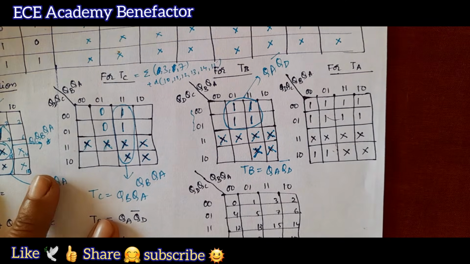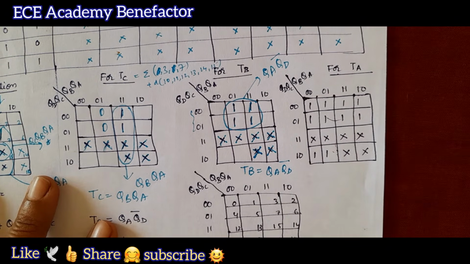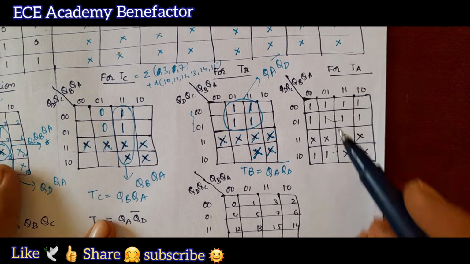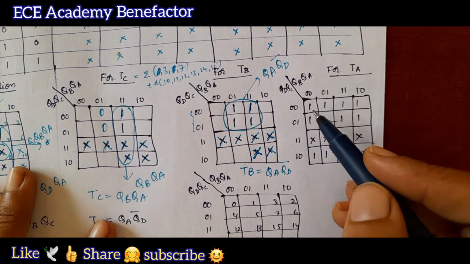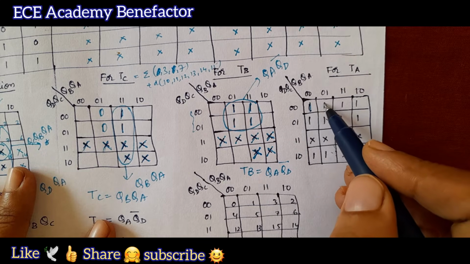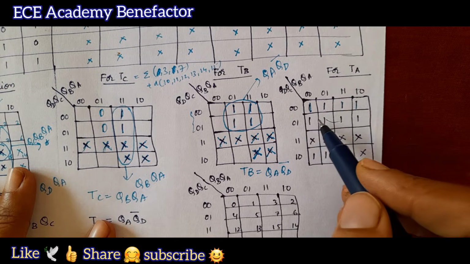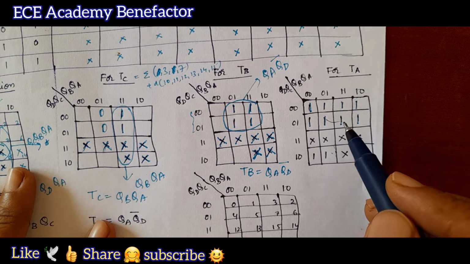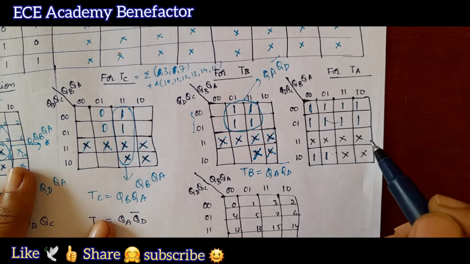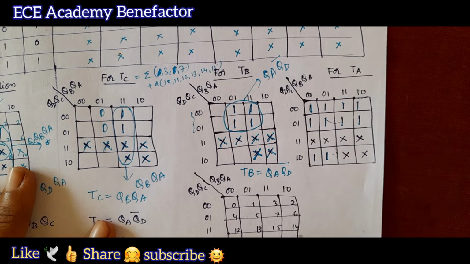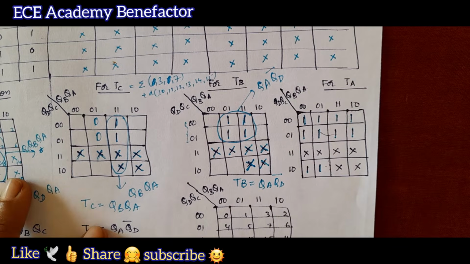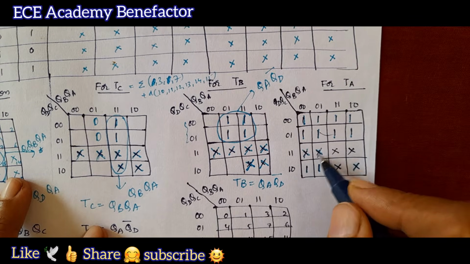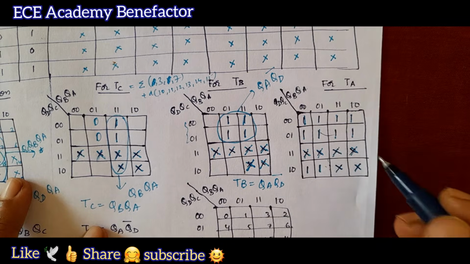Okay. Now coming to TA, we have seen in TA from 0 to 9 states all are 1. So we have filled ones, 0, 1, 2, 3, 4, 5, 6, 7, 8, 9. At these places they are 1 in the transition table. 10, 11, 12, 13, 14, 15 are don't care.